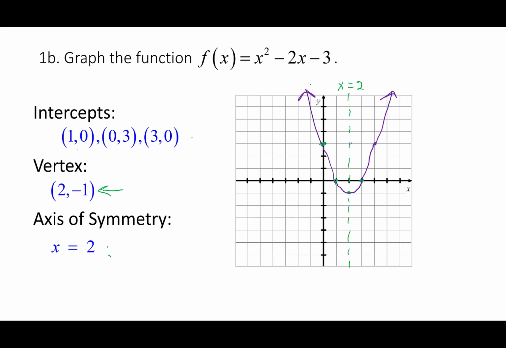Okay, well that looks a little bit wavy there, but maybe I can clean it up just a little. Oh, that looks better. Okay, so here is kind of like a parabola. It looks as smooth as I can get it right now, and this is a graph of the function f of x equals x squared minus 2x minus 3.